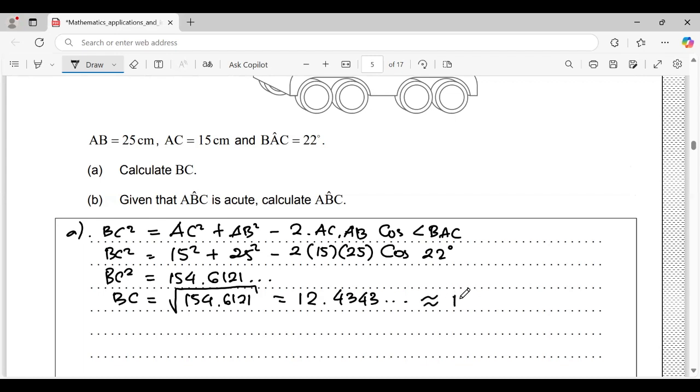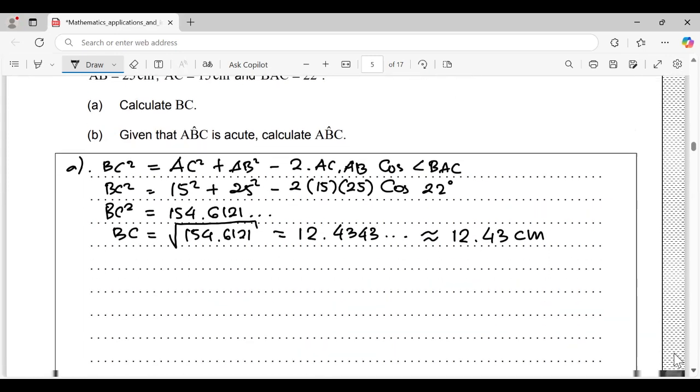Rounded off, it becomes 12.43 centimeters. And after that, given that angle ABC is acute, calculate angle ABC.